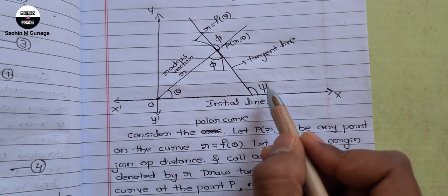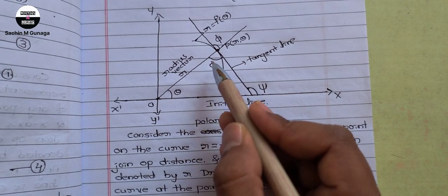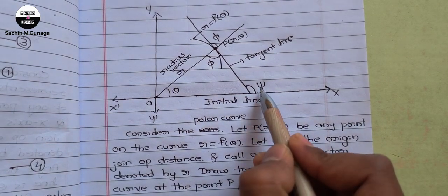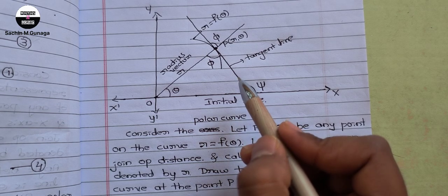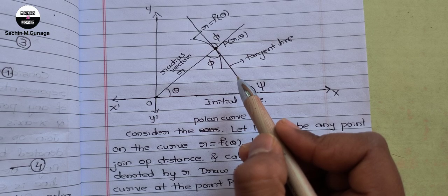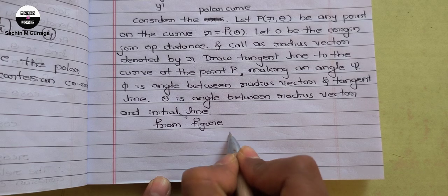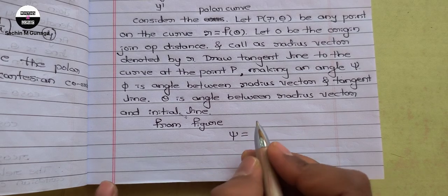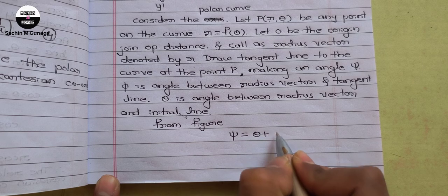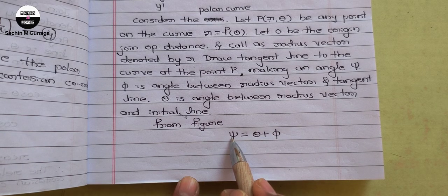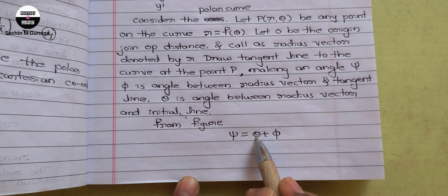This exterior angle is equal to the sum of the opposite interior angles. So this angle psi, that is the exterior angle, is equal to the sum of its two opposite interior angles, which can be written as psi is equal to theta plus pi. So this exterior angle is equal to the sum of the two opposite interior angles.